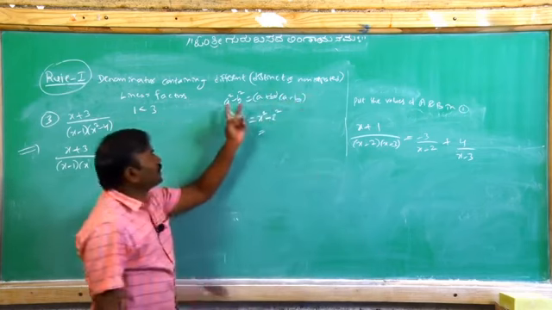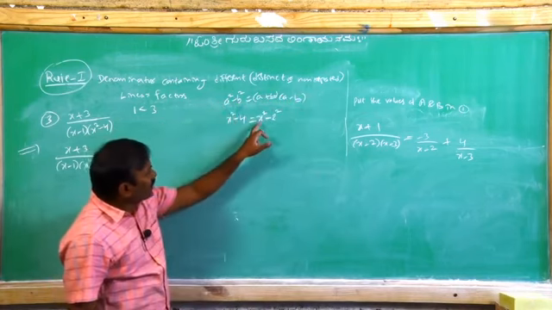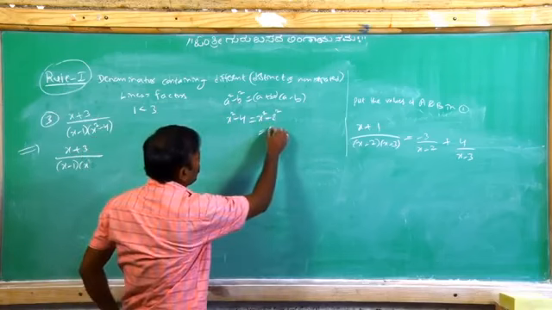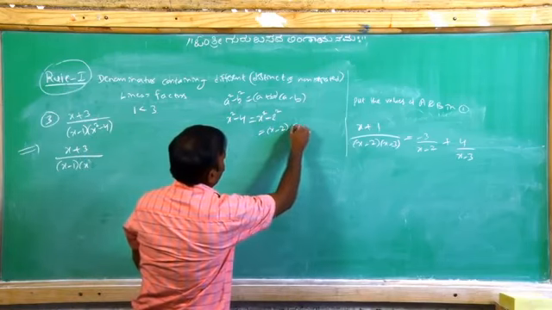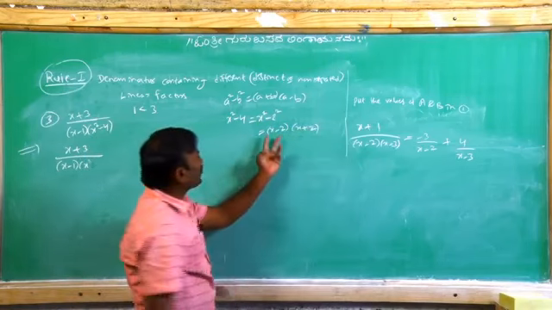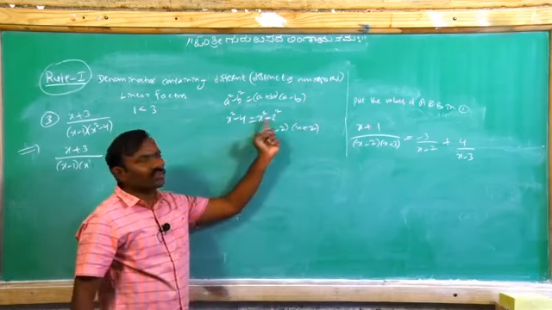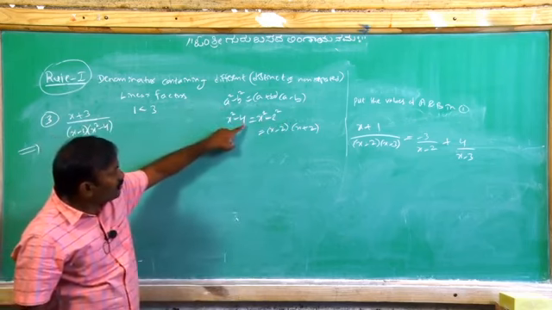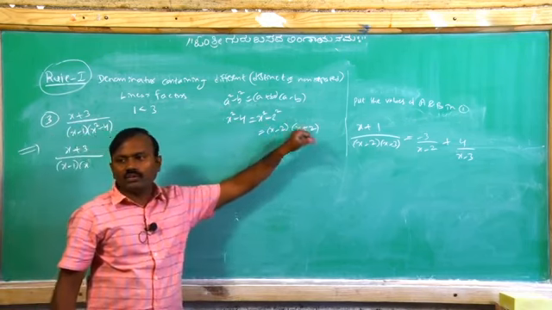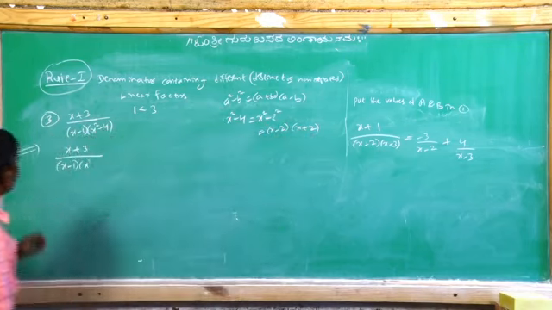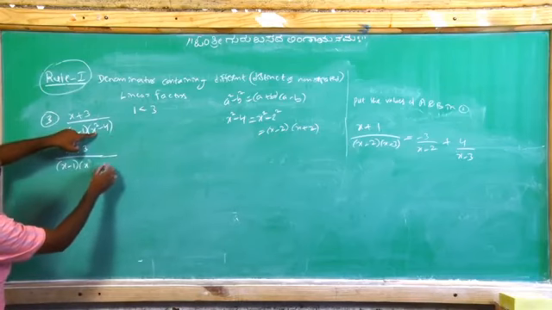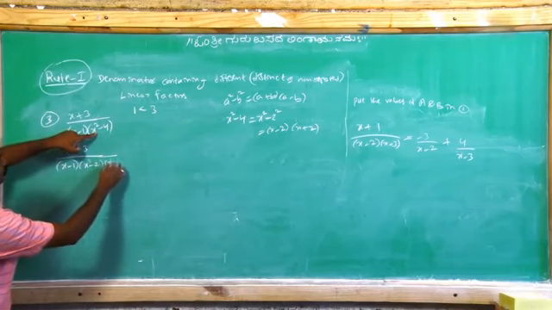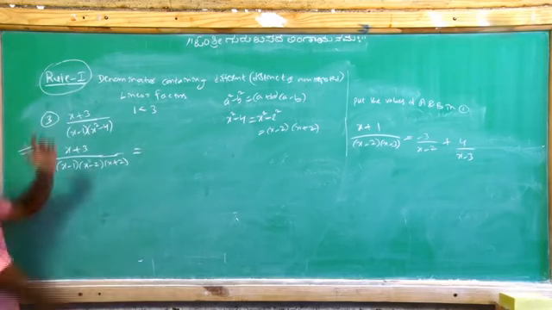So x square minus 2 square is written as x minus 2 into x plus 2. So in place of x square minus 4, we can write x minus 2 into x plus 2.